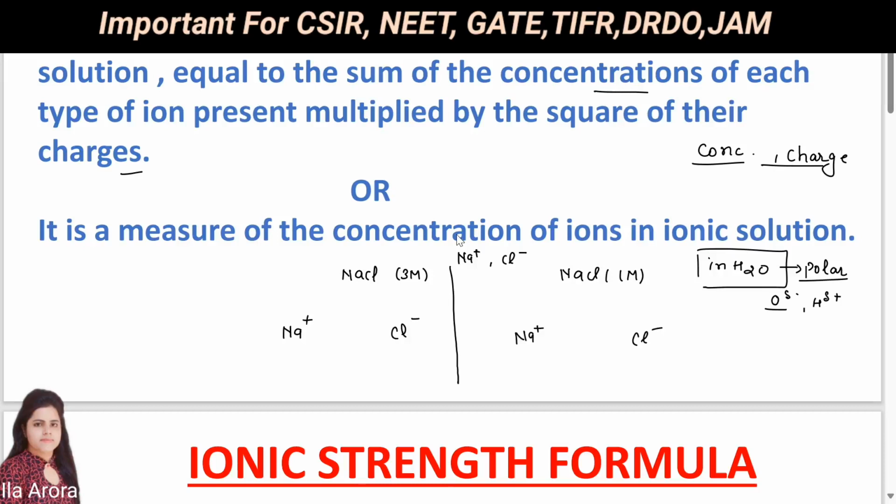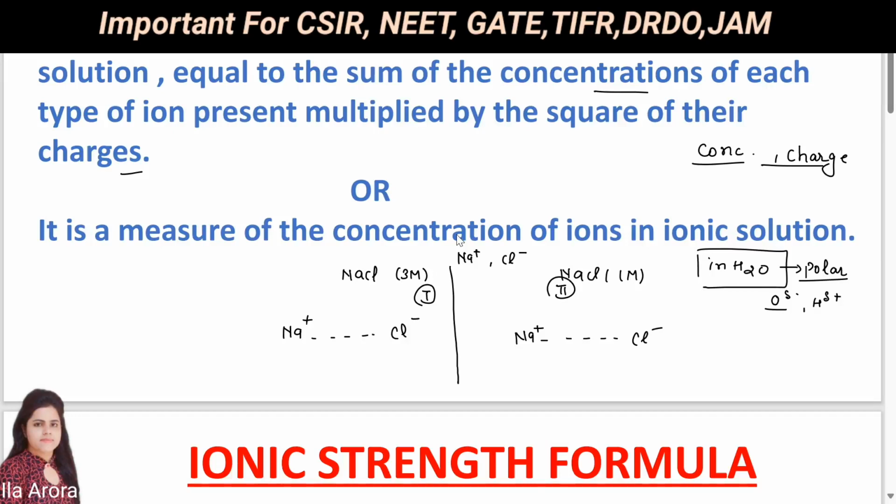Here also we have Na positive and Cl negative, but the distance between these two ions and the interionic interaction in this first solution will be very different from the second solution. The reason is concentration. We have taken the charges same because the electrolyte is same, NaCl. So here I am telling you about the concentration.